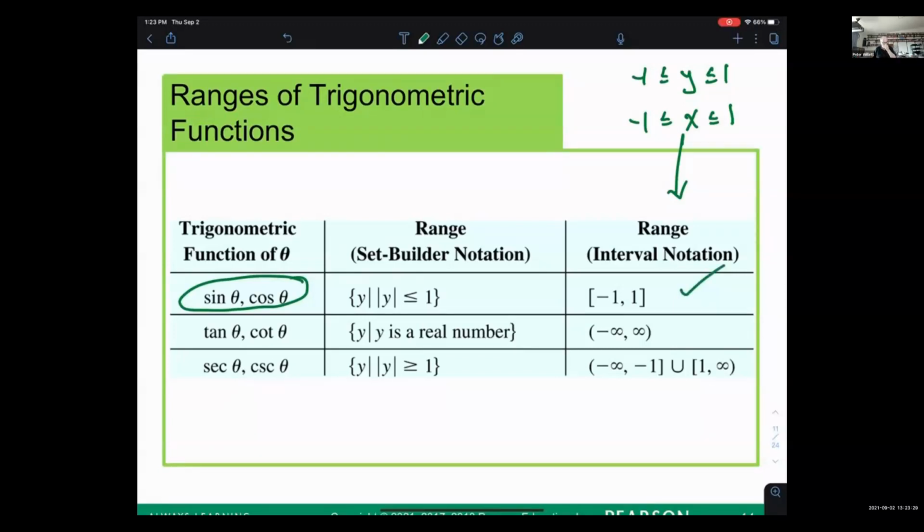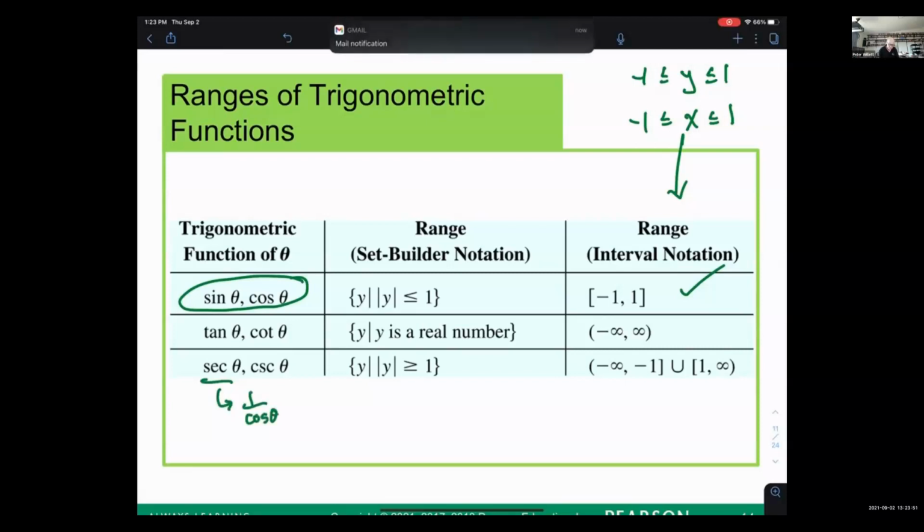However, when you start thinking about flipping these numbers, things get a little bit more complicated. So if I'm flipping a number, let's say we start with secant. Secant is 1 over cosine theta.